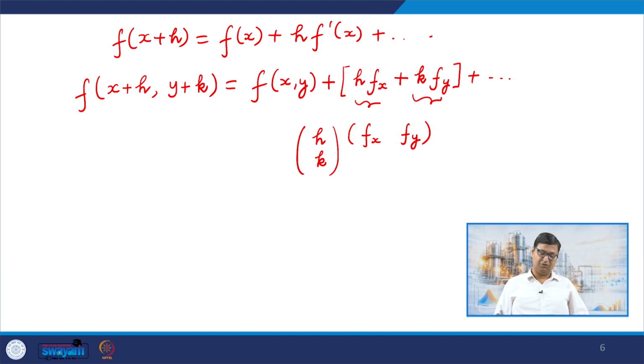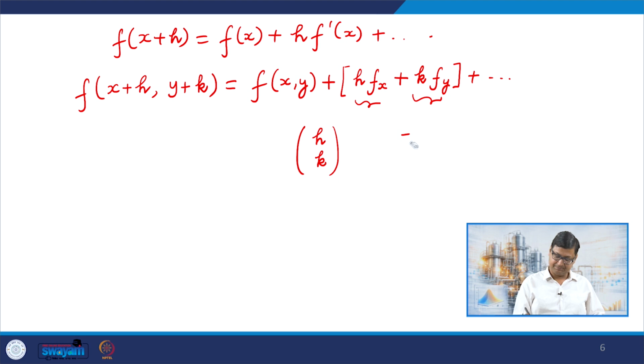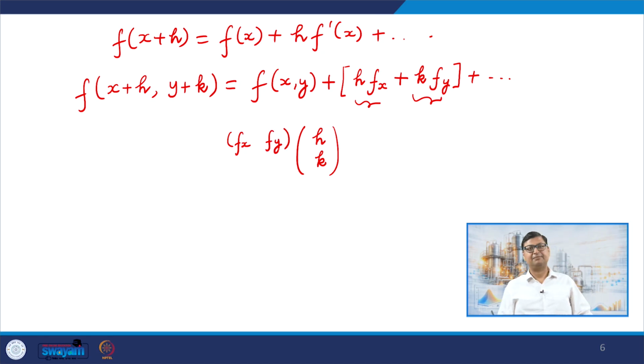In fact, I have to do the opposite of this. So, this will be something like this, right. Now, let me write the same thing in Jacobian terms, right.